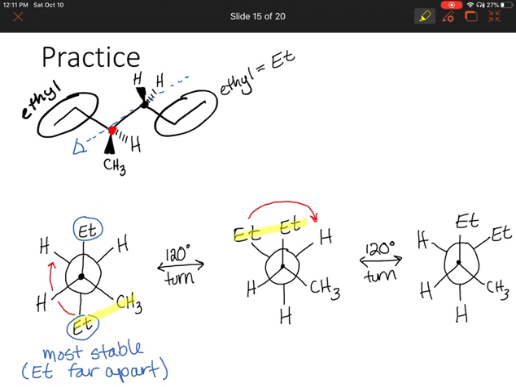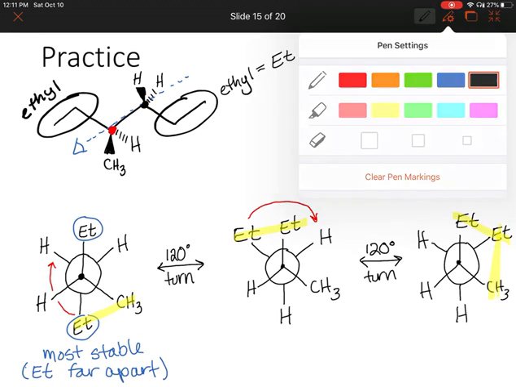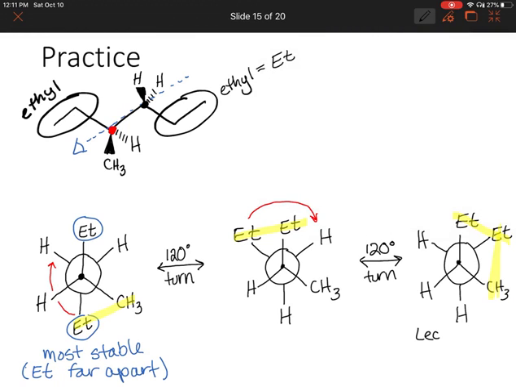And if we look at our third structure, we have gauche interactions between our two ethyl groups and the ethyl and methyl group. So which one would be the least stable? The last structure, right? Because we want to limit the amount of gauche interactions that we have if we can. So that last structure will be the least stable because we have two gauche interactions.